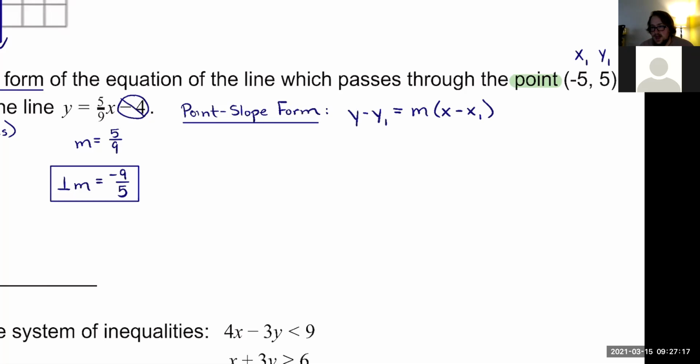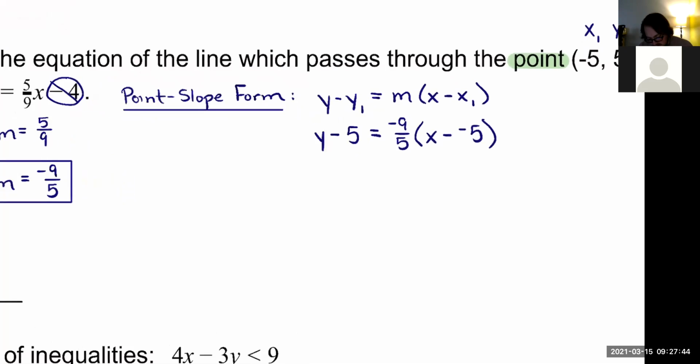So if I was to do that here, I would have y minus y1, which is 5, equals m. I want to make sure I use the slope that we came up with, which was the negative 9/5. And then in parentheses, x minus x1, which is a negative 5. Now, if you recall, I'm kind of picky here. Let me zoom in a little bit.